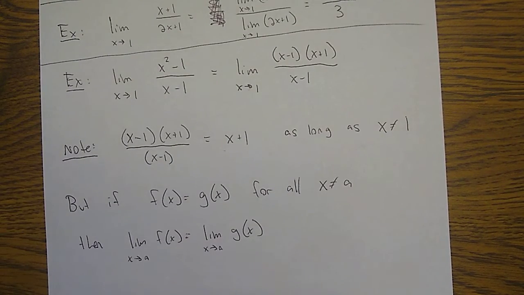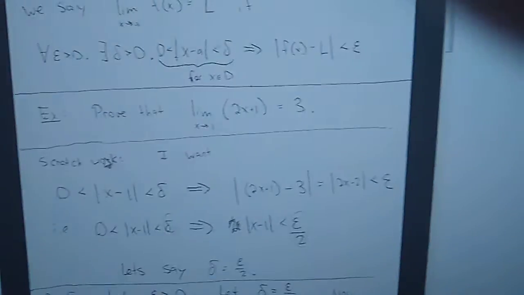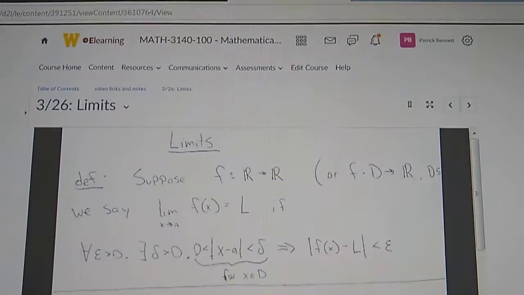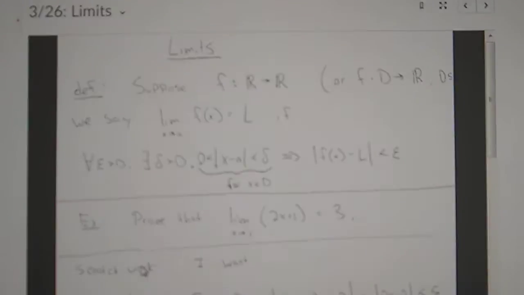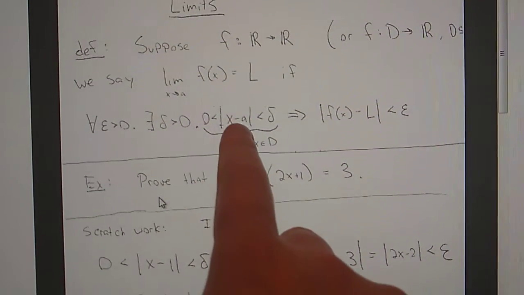So why is that? It's because, so let me find the definition of limit here, just so I can show it to you. Yeah, so this is just from the first day of limits. So there's the definition. And so it's because of this.